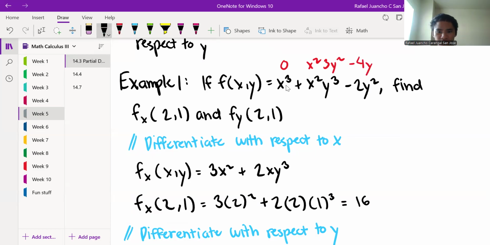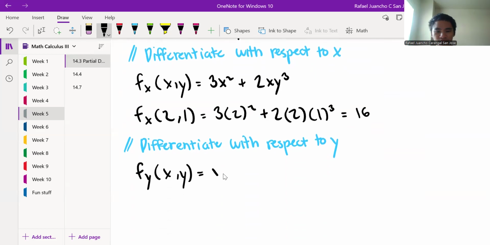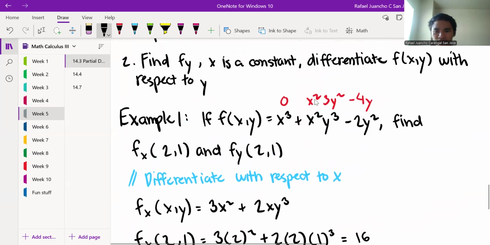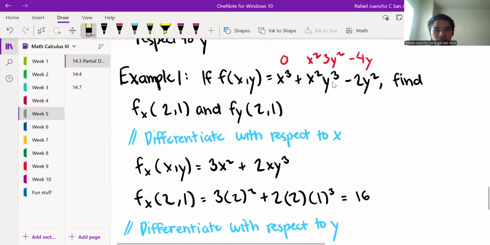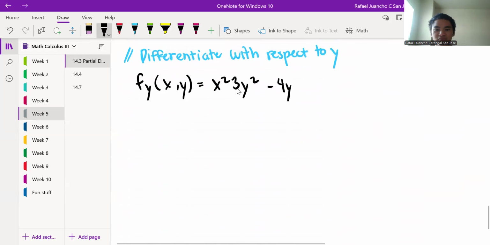So here we actually have x squared, 3y squared, minus 4y. There we go. Maybe just to make it cleaner, I'll put the number up front. So I get 3x squared y squared, because that looks cleaner, minus 4y.